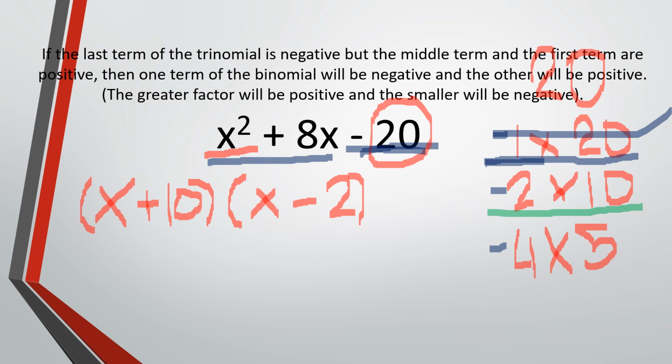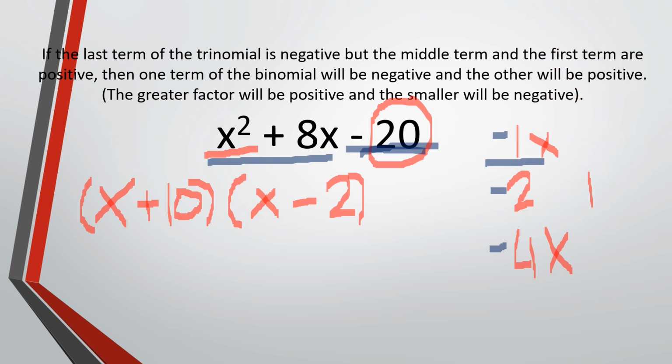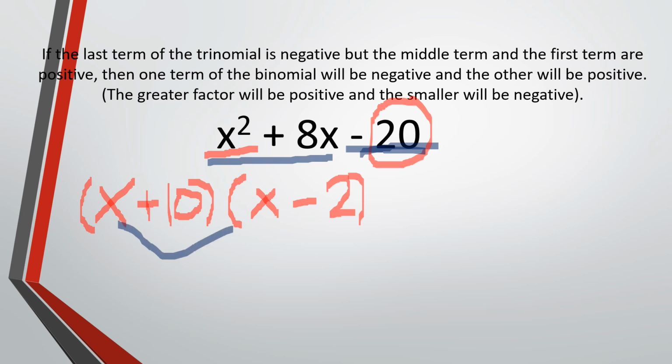For us to really check our answer, let's do the checking. Now, if you multiply x by x, the answer is x squared. If you multiply x by negative 2, the answer is negative 2x.